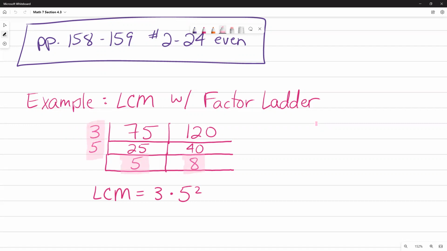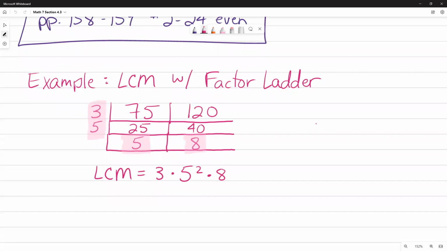We don't just use the prime numbers that we've listed on the left side. We have to use the 2 relatively prime at the end as well. So that's why I've got 2 5s, so that's why it's 5 squared. And then 8 is 2 cubed, but we don't have to break it down because we already know that we're going to include those in our least common multiple.